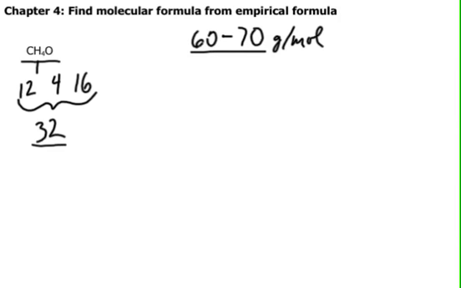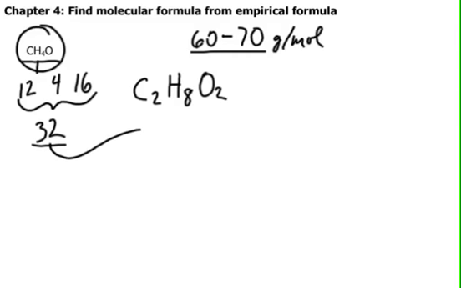We know that the molecular formula has to be some multiple of 32. So it's not this particular formula, but if we multiply that formula by 2, we end up with C2H8O2, and the molar mass of that is going to be double the 32, or 64.